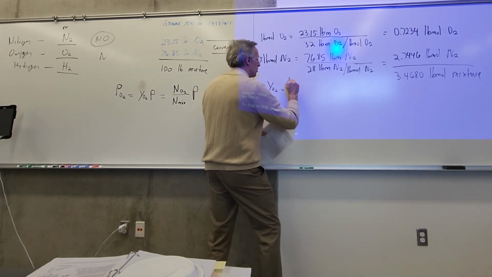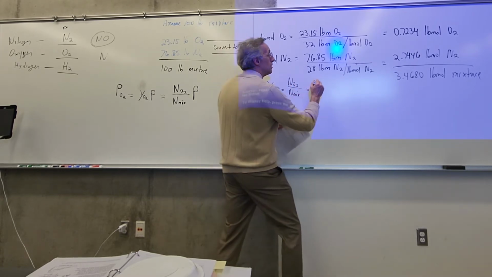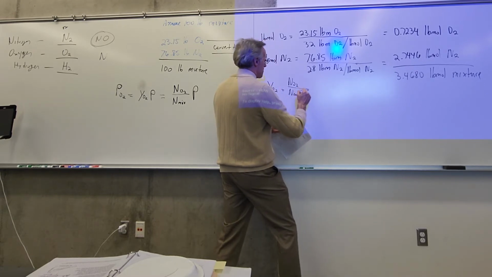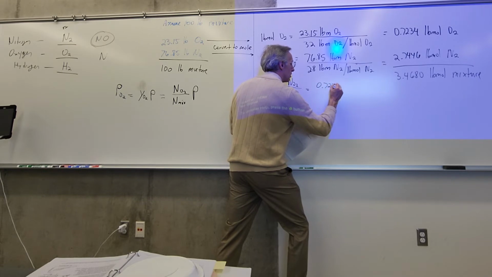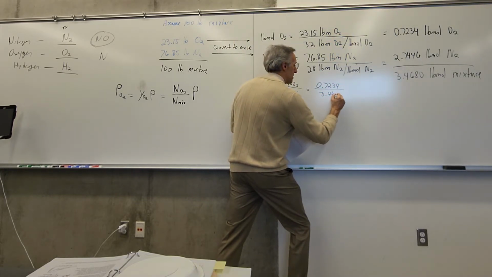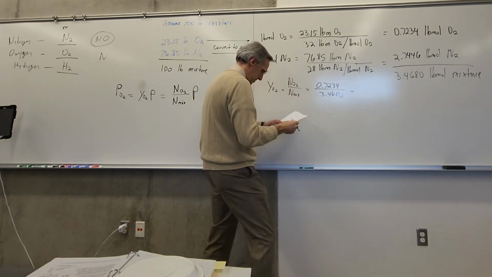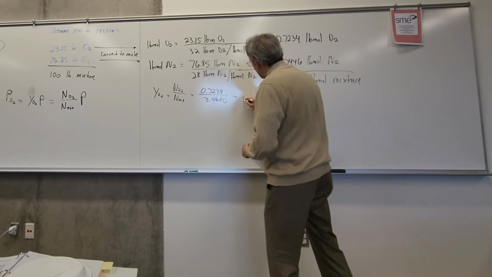Okay, so what is YO2? YO2 is moles of O2 over the moles of the mix, and that's equal to 0.7234 divided by 3.4680, or 0.2086.